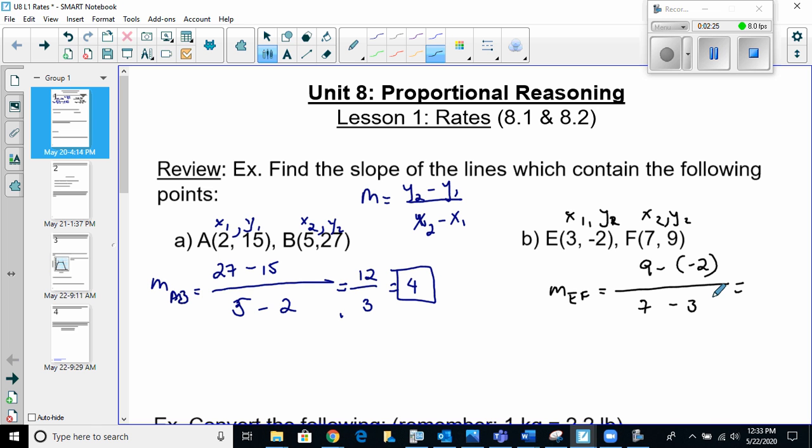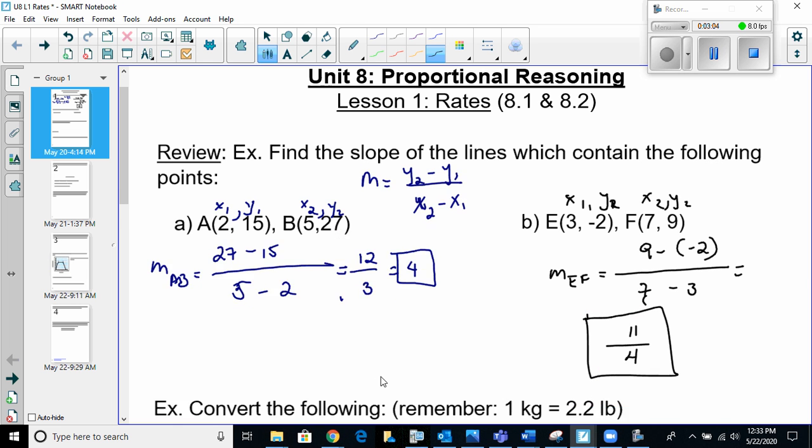It doesn't really matter, but as soon as you assign one of the points as 1, the other one has to be 2. And when you write y2 minus y1, you have to keep the same order for x2 minus x1. So 9 minus negative 2 is 11, over 7 minus 3 is 4. This is a decimal, but we can leave it as a fraction as well.